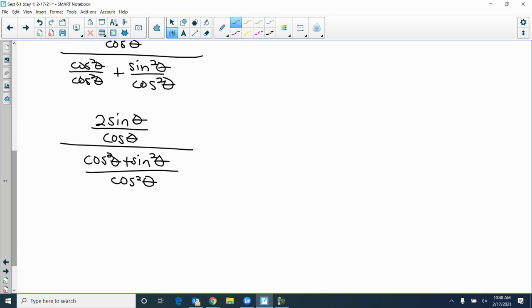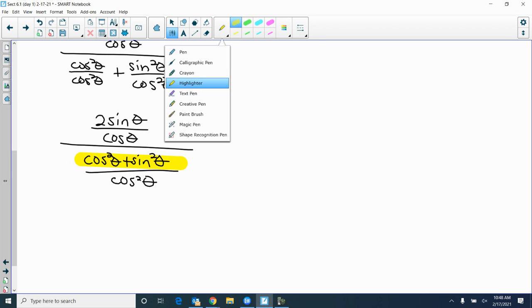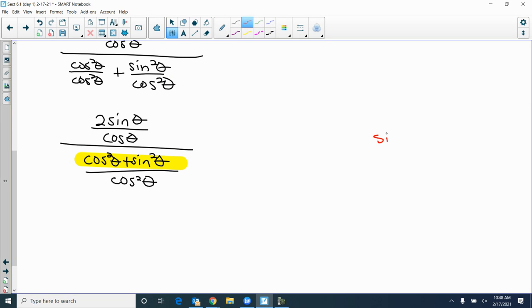What does that equal? What does that equal? 1. Same as sine squared plus cosine squared, we just flipped it. So sine squared theta plus cosine squared theta equals 1.